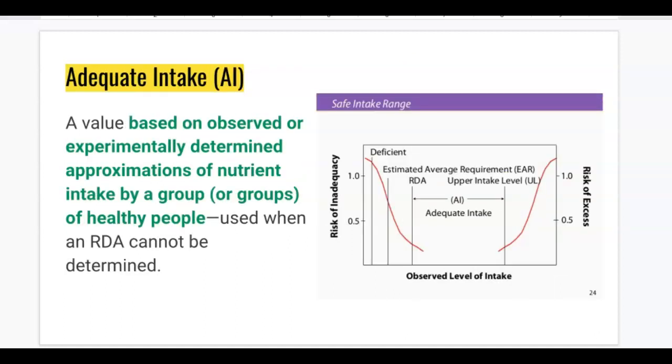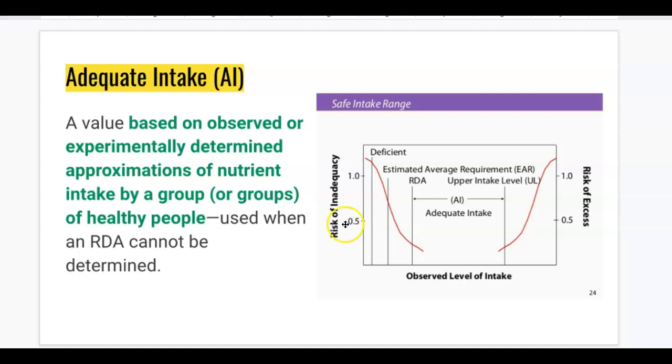All right, and the last category of the DRIs is adequate intake, also known as the AI. The adequate intake level is a value that's based on observed or experimentally determined approximations of nutrients and how much should be consumed by a group of healthy people.